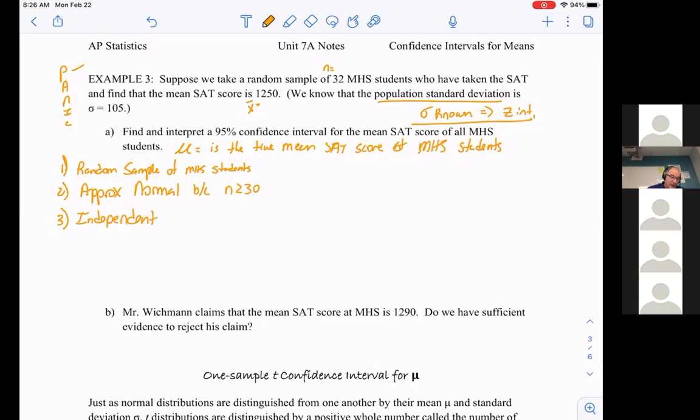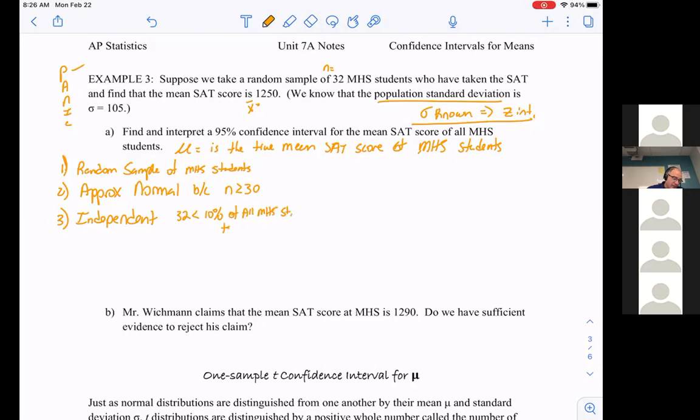And like I said before, the likelihood that we see a z interval for a mean is infinitesimally small, just because if we know the population standard deviation, we're going to know the population mean. Anyway, it's independent. 32 is less than 10% of all MHS students.